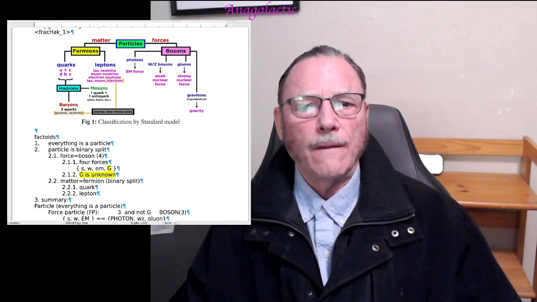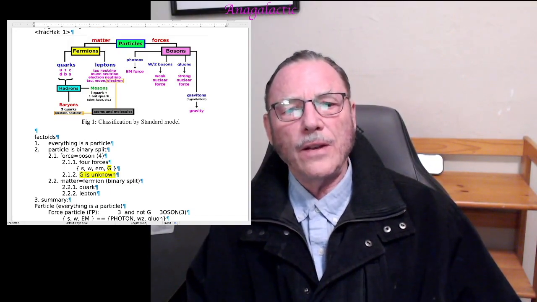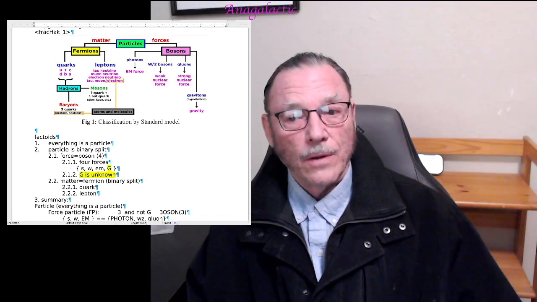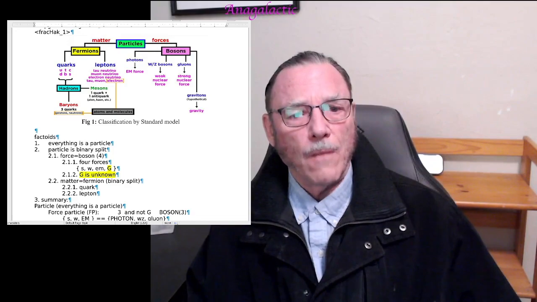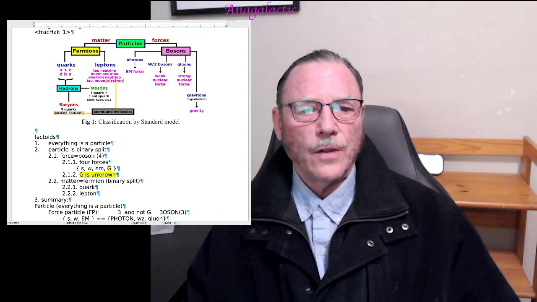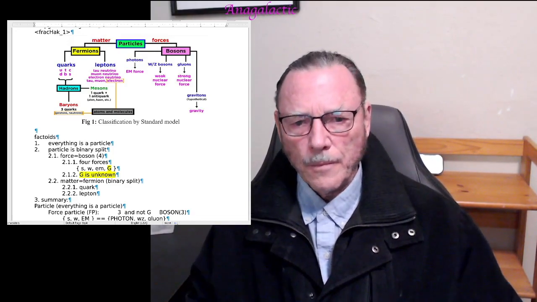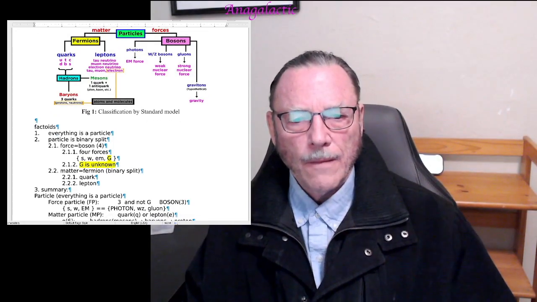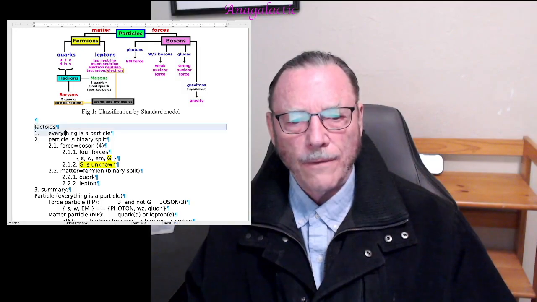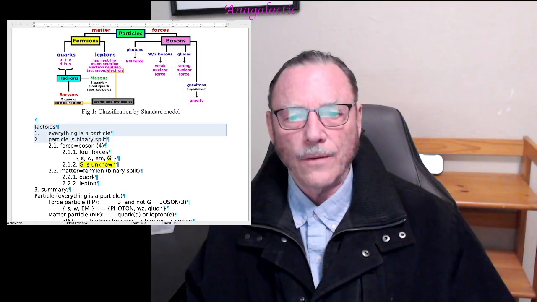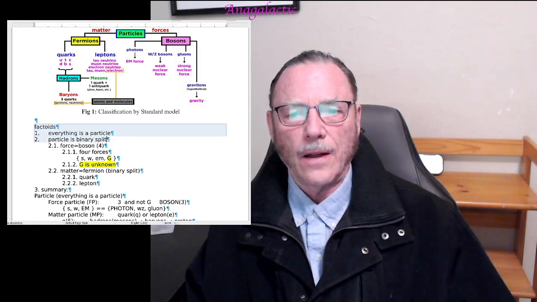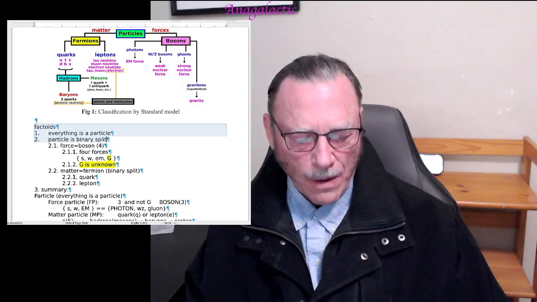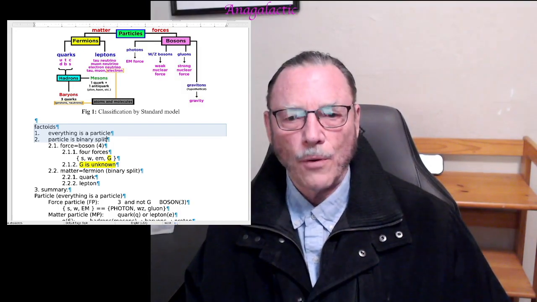So here we have what I found to be at least a presentable diagram of the model. And you can see that the figure is, let me switch over here so I can point things out. Right here above where you see the highlight, the next line up, which I cannot highlight, is the classification by standard model. That's actually a poor translation.